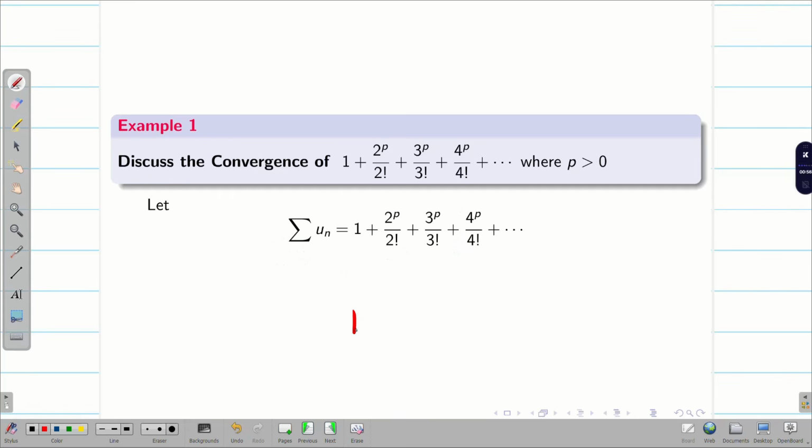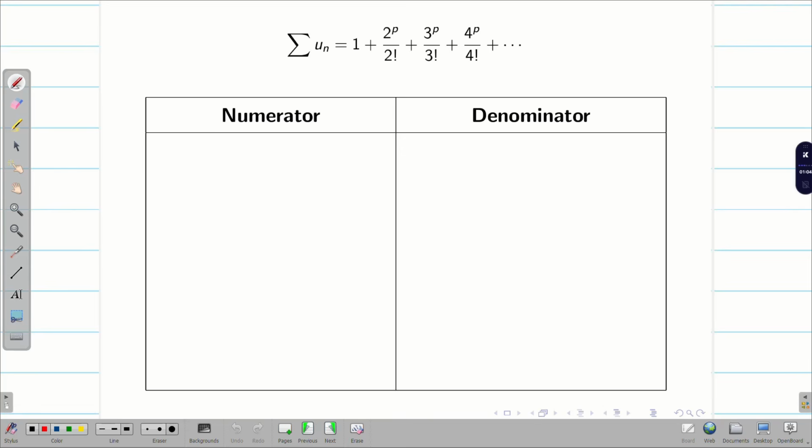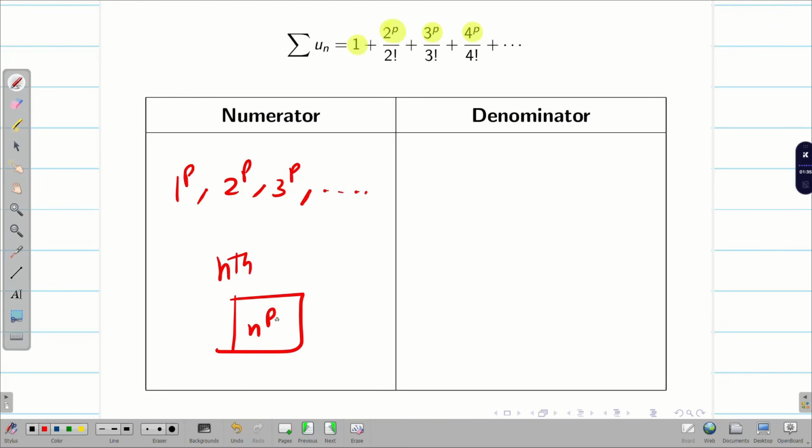This one is simply rewritten as 1 power p by 1 factorial. And here in ratio test, finding the nth term is going to be very easy. See the numerator: first term 1 power p, second term 2 power p, third term 3 power p. The nth term is going to be n power p.